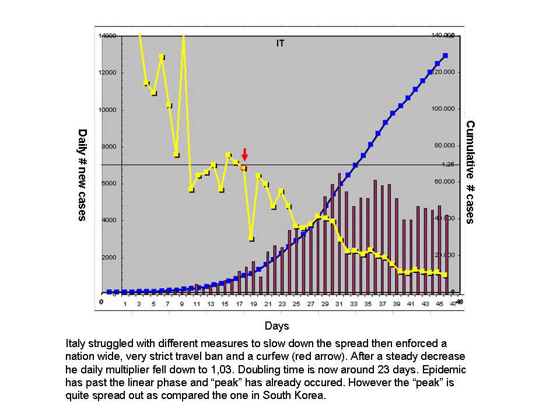But then, due to strict regulations shown with the red arrow, it started to decline, and the increase in daily new cases also dropped, and then started to decline. But the peak has occurred. It is a kind of spread out peak compared to South Korea.